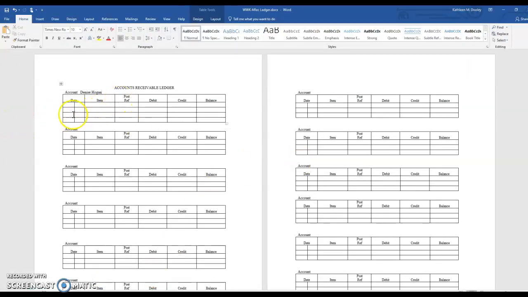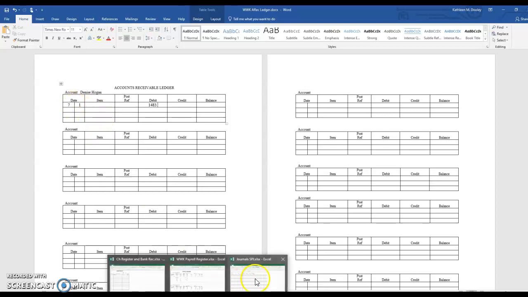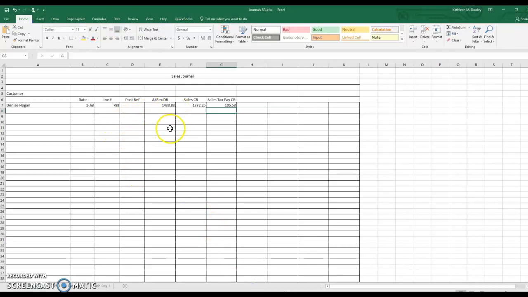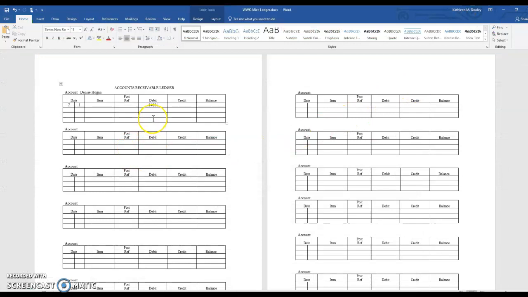Okay, so here's my Denise Hogan. I put in the date. Put in the amount, $1483. Oh, I've forgotten. $1438.83.